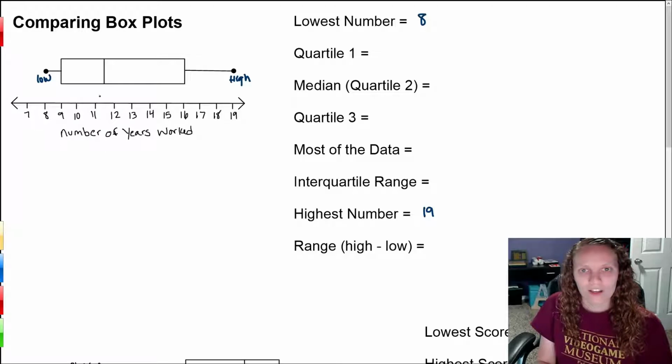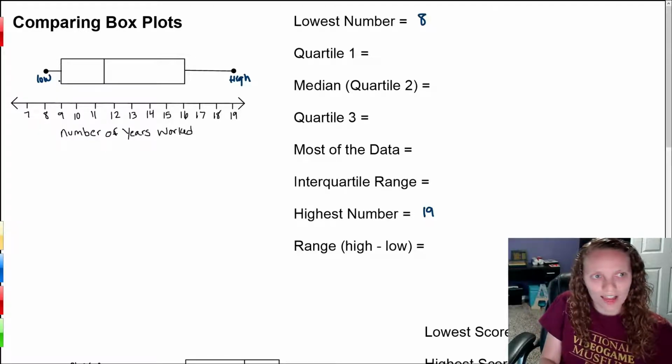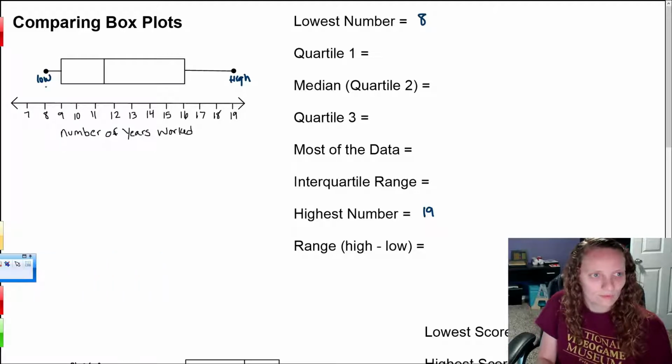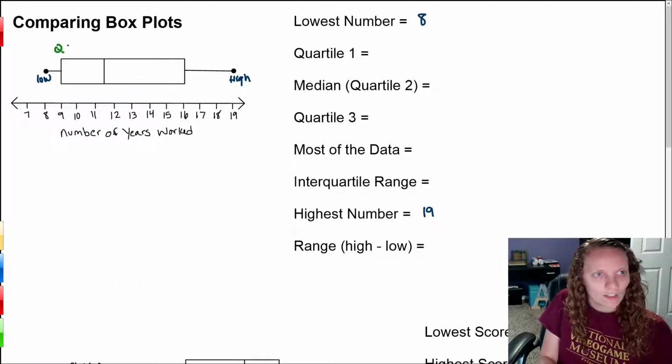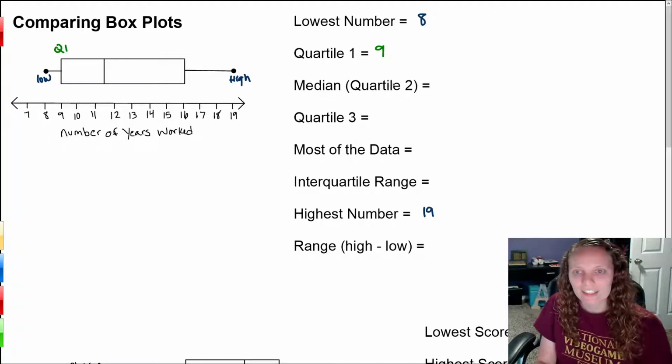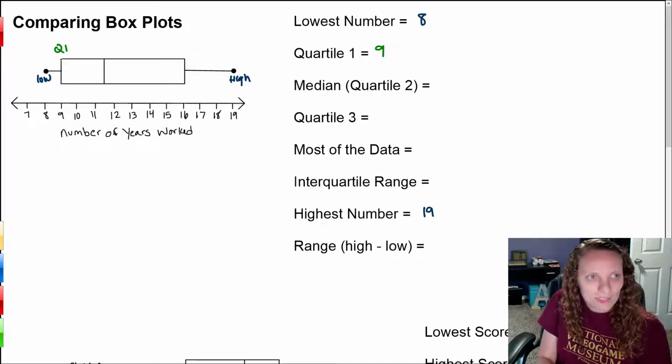Now on the box, we have what are called quartiles. This first line here is quartile 1. I'm going to label it as Q1. Quartile 1 is located above the 9. The median can also be called quartile 2, and that is the middle line that you see in the box.